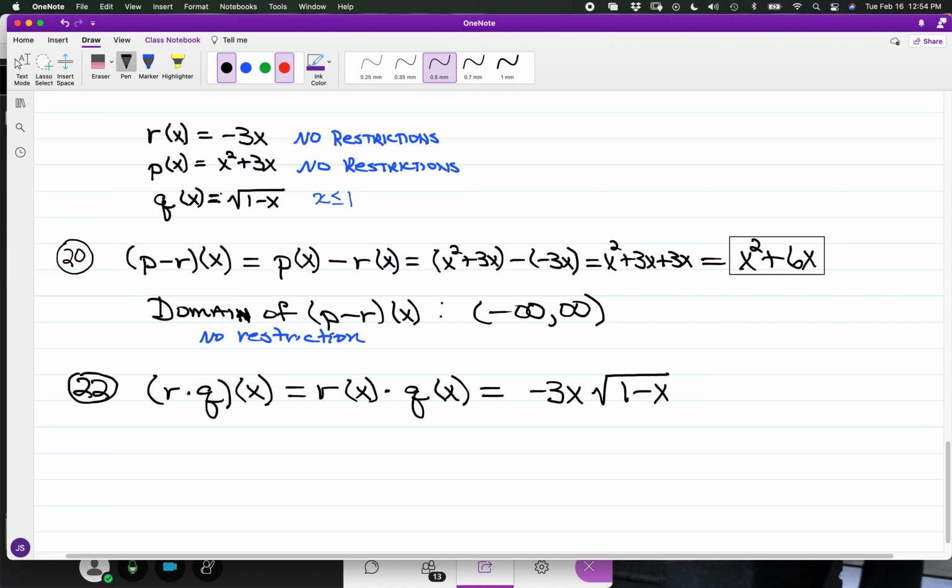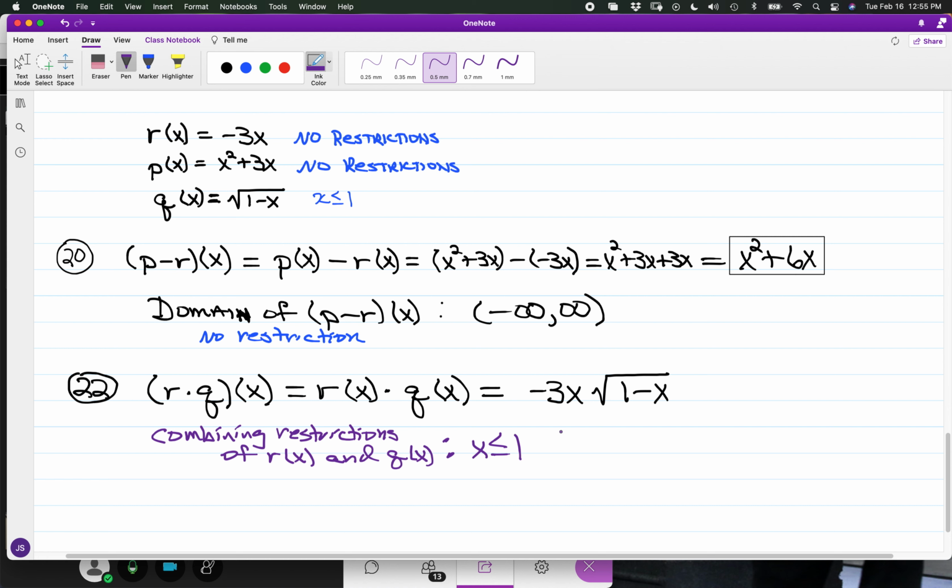Again, we have the operation of multiplication. r of x has no restrictions, but for q of x, we have that x is less than or equal to 1.